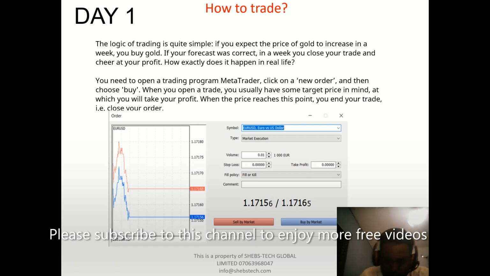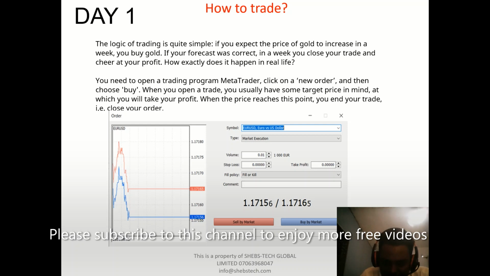If you want to place a pending order, that is, you want to buy at a particular price that is different from the market price, you choose pending order. But if you are buying at the current market price, you leave it at market execution. Then you see volume, that's your lot size.